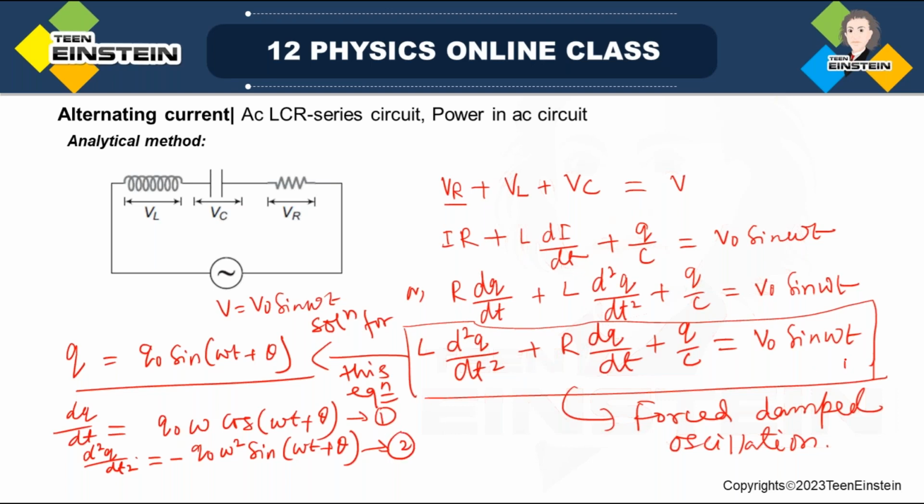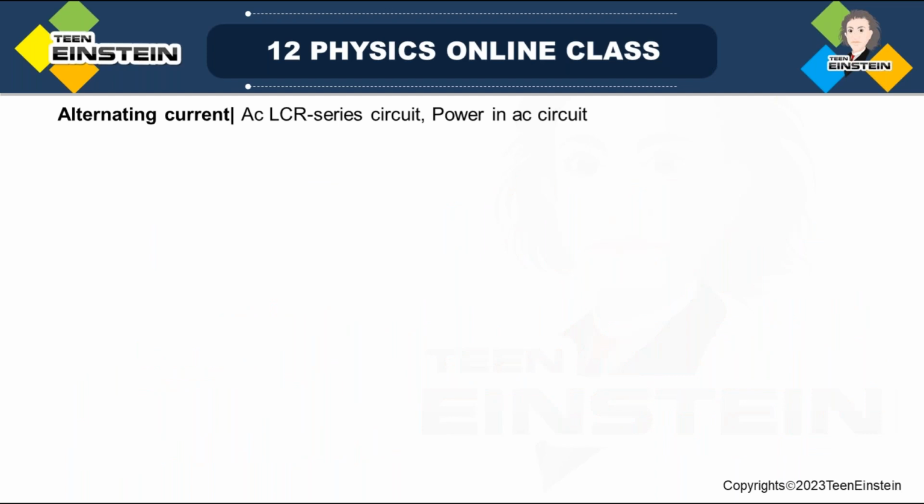If I put this in this equation, L d2q by dt square plus R dq dt plus q by c is equal to v0 sine omega t.